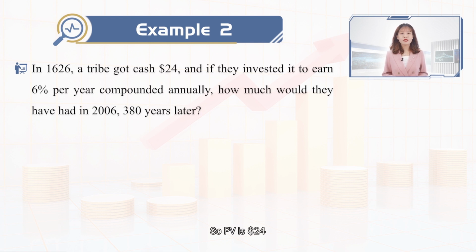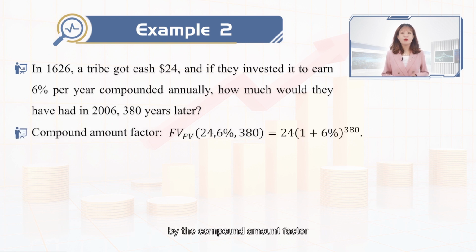So PV is $24, interest rate I is 6%, and the number of years N is 380. By the compound amount factor, FV is equal to 24 multiplied by 1 plus 6% to the 380th.